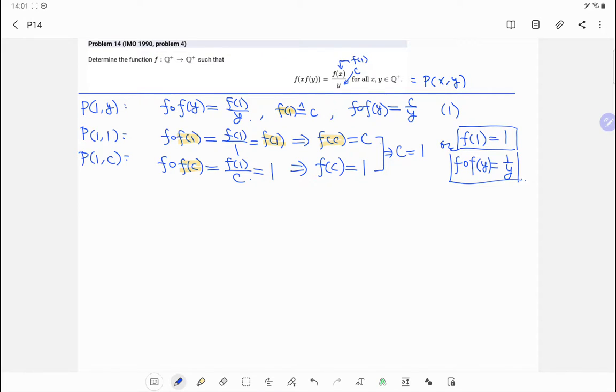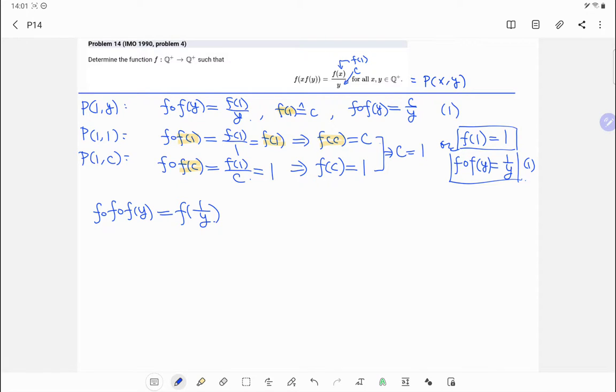Next, let us write equation 1 down here: f(y) equals 1 over y. Let's apply f on both sides. So we have f(f(y)) equals f(1 over y).